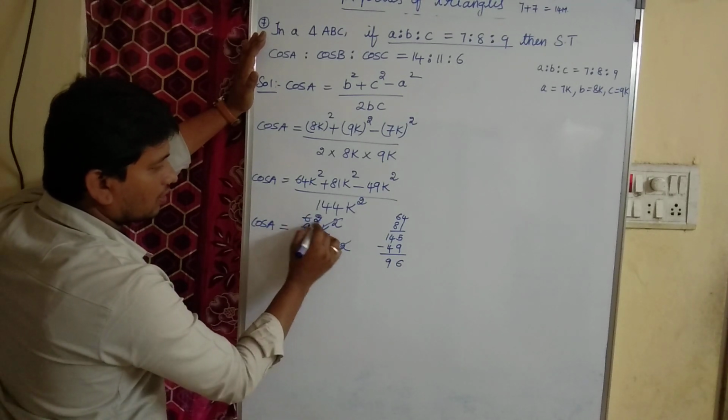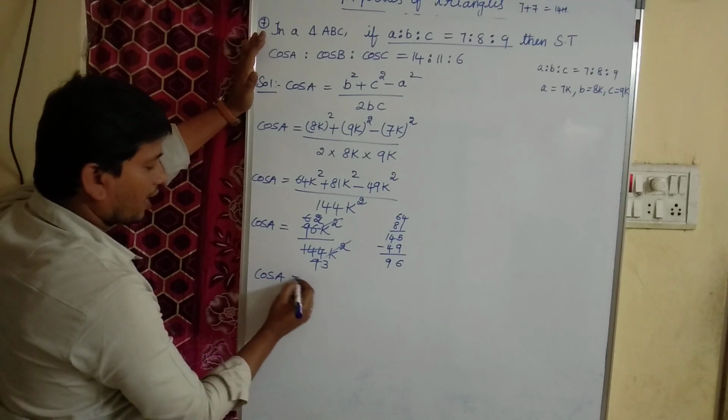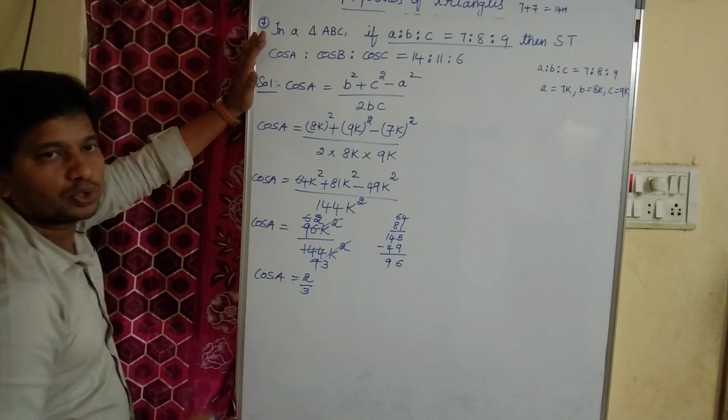Three 2s are 6, three 3s are 9. So cos A equals how much? The value of cos A is 2 by 3.